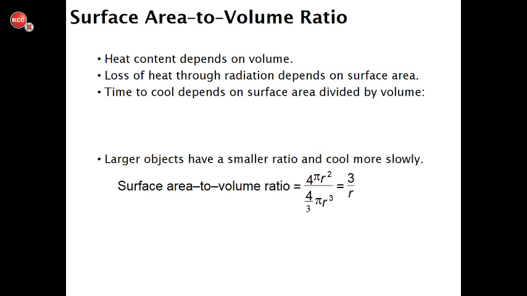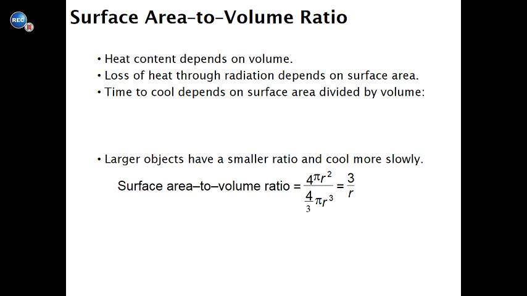And what we find is that the total heat depends on the amount of material. Like the original heat and the amount of radioactive decay is just a factor of the mass. And so the heaviest planets are going to have the most stuff. And so in terms of the size, heat content depends on volume. But the radiation can only happen at the surface, so it depends on surface area.